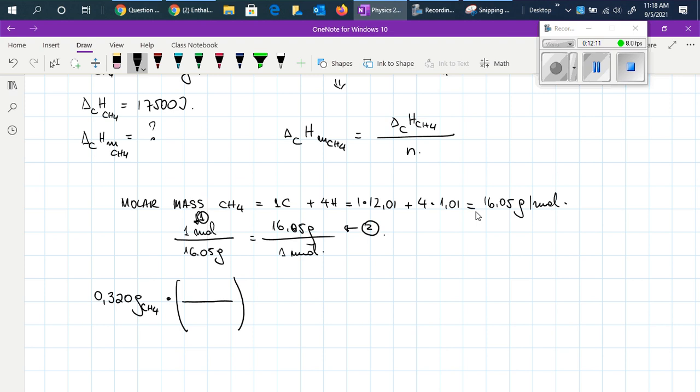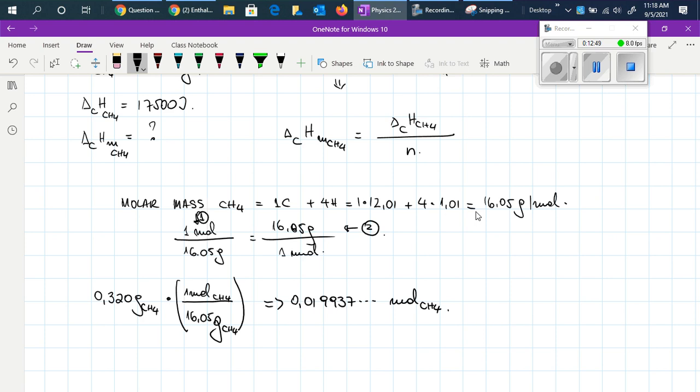You have to ask yourself which ratio you are using, so that the units of the given, in this case grams, are cancelled out. Then you apply ratio 1, and you find the number of moles as 0.019937 and so on, moles of methane.